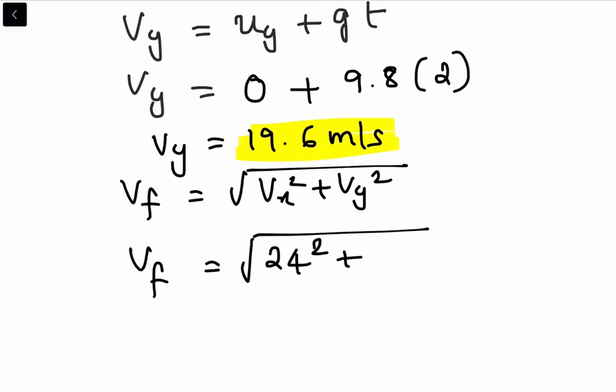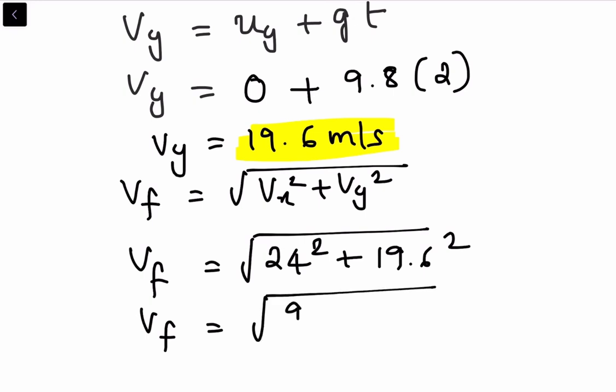Therefore, let us use both of these values. Vx square is 24 square and Vy square is 19.6 square. So it comes to root 960.16. Once you find the root, approximately you will get 30.98 meters per second.